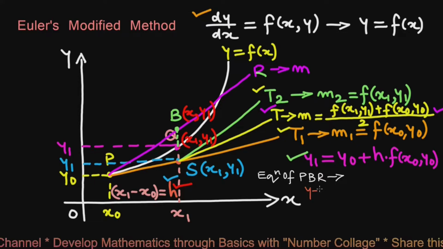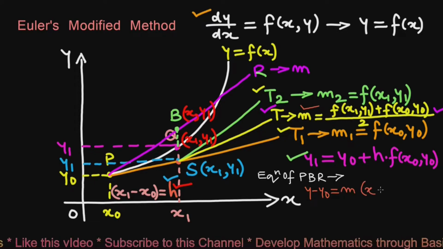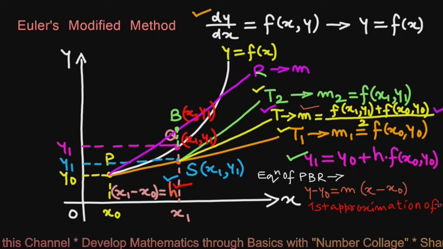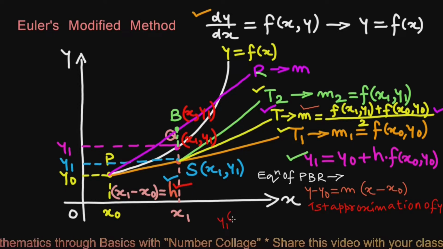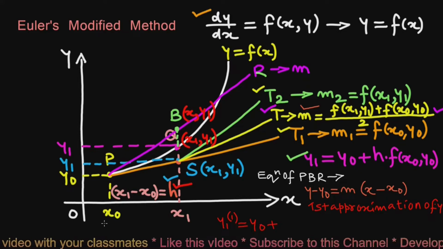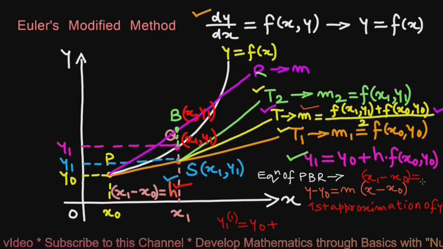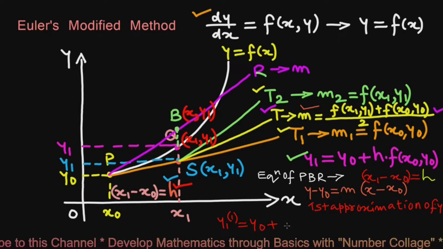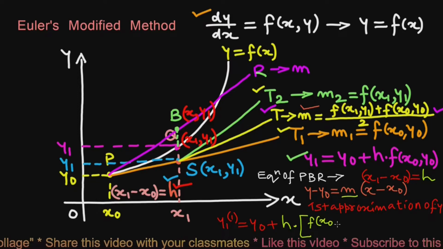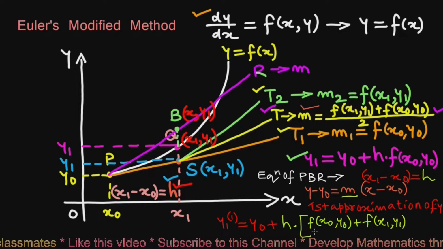y minus y0 equals this slope m times x minus x0. That will be the first approximation of y1. That will be y1 superscript 1 equals y0 plus h, since x minus x0 is the same as x1 minus x0, which is h, times this slope m, which is f of x0 comma y0 plus f of x1 comma y1 upon 2.